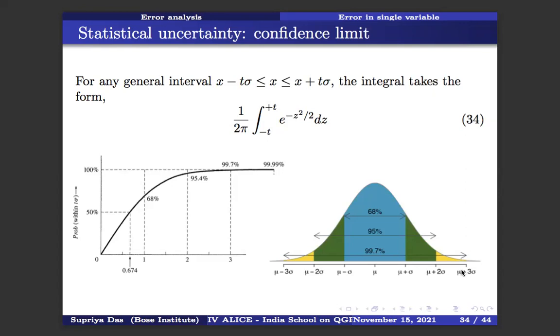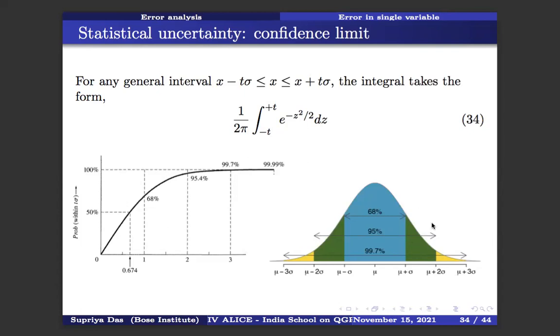What does it mean? It means that the value lies at a point which is away by 6 sigma from mu. That means no future measurement or statistical analysis can predict this value. So this is something very new.